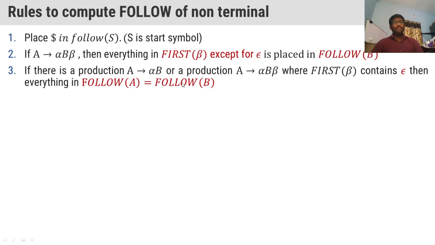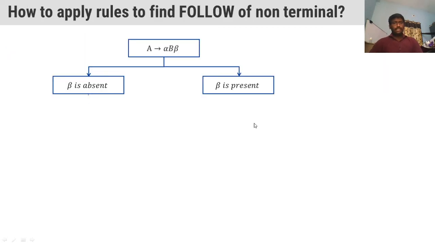What is rule 3? If the production is in the form of alpha B or alpha B beta, then follow of capital B equal to follow of A only. That is rule 3. So if beta is absent, if no value is present in the place of beta, then simply we will apply rule 3.